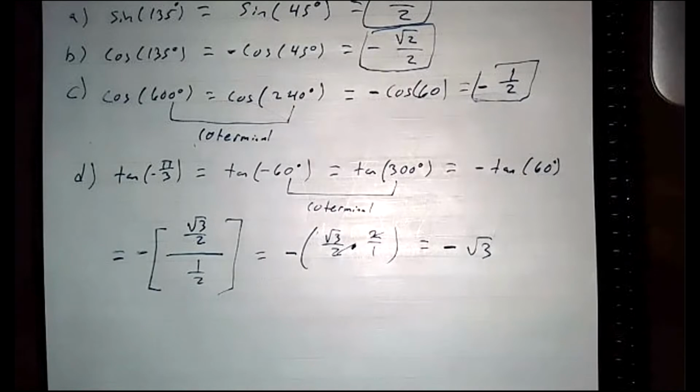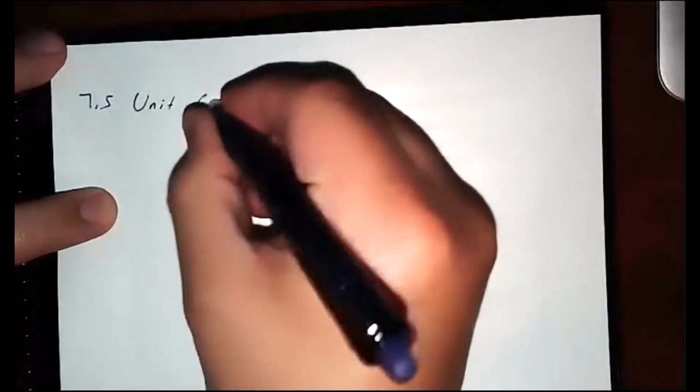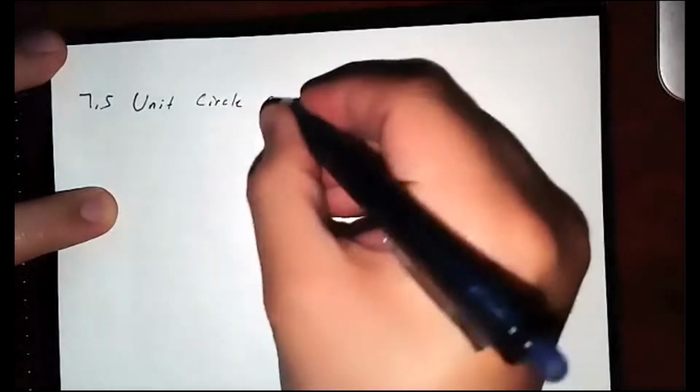Okay. So the next one is just a lot of definitions and properties. Not many examples really, but we'll do some. Hopefully. 7.5, unit circle approach.